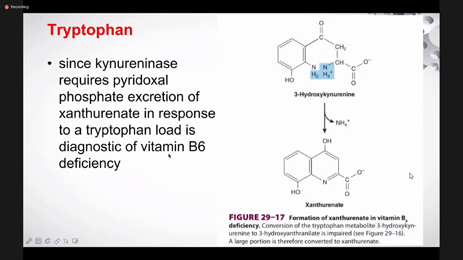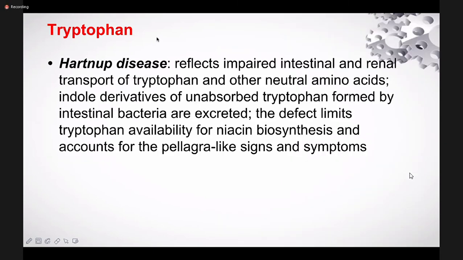Kynureninase requires pyridoxal phosphate, or vitamin B6, in order for the pathway to proceed. So if there is excretion of xanthurenate, it means there is a deficiency in vitamin B6, because the catabolism cannot proceed further down the reaction.